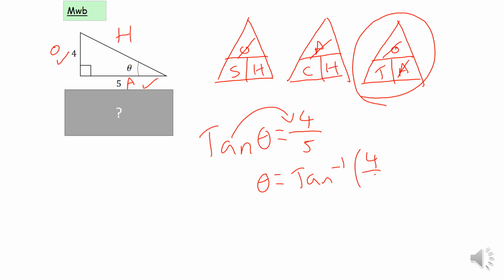Open the bracket, 4 and 5 underneath, and enter that into your calculator by pressing shift, tan, fraction line, 4 at the top, 5 at the bottom, close your bracket, equals, and my answer is 38.66 to 2 decimal places. So our answer is 38.66 degrees to 2 decimal places.